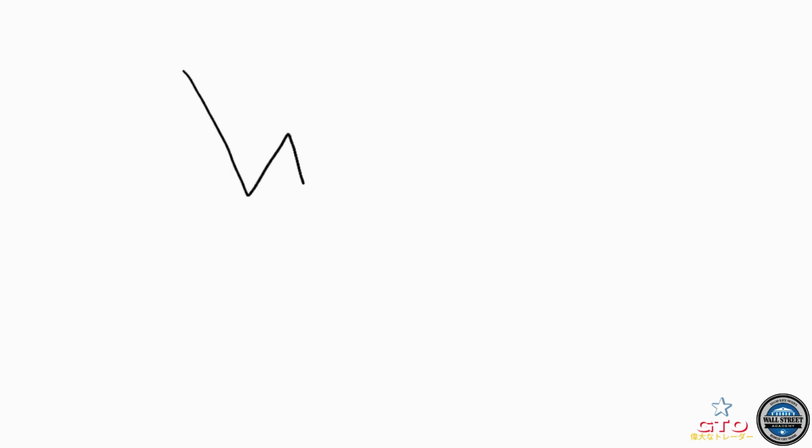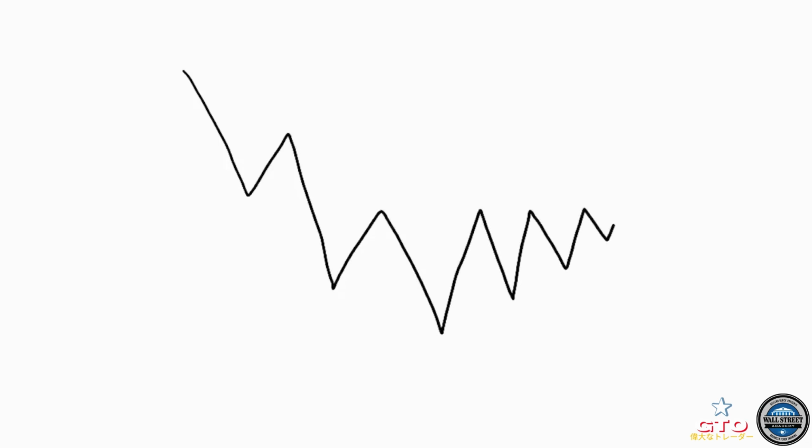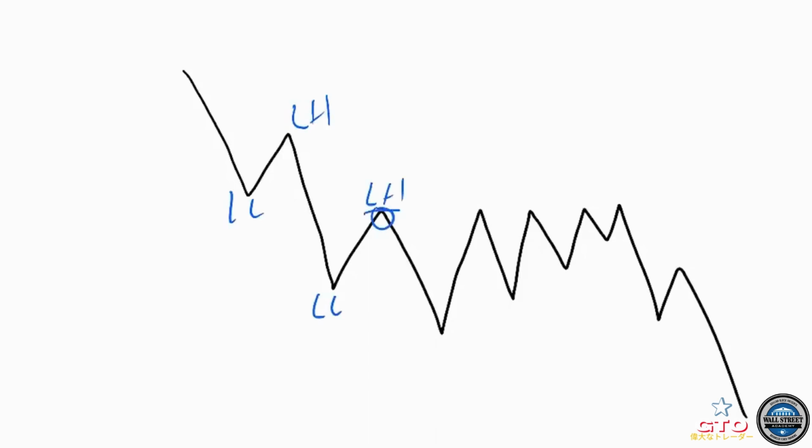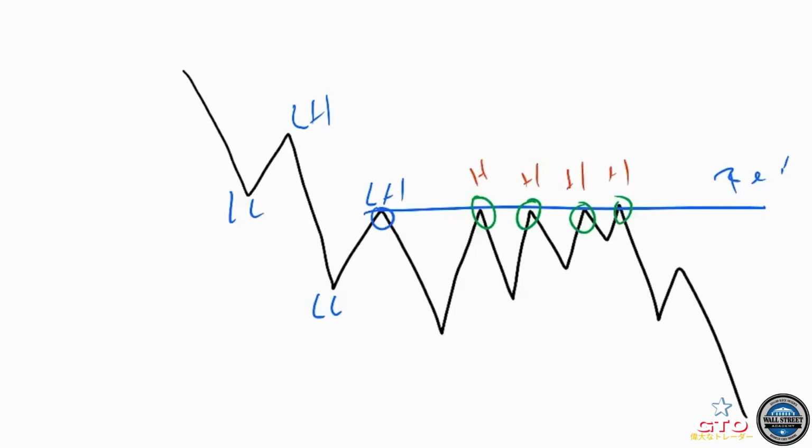So just like how I drew the setup earlier, the market can actually do this. In this example, the market itself was making lower highs, lower lows, lower lows, lower highs. But it made that, and then it made a level of resistance. Okay? When the market actually retested these areas, it made highs, highs, highs, highs.